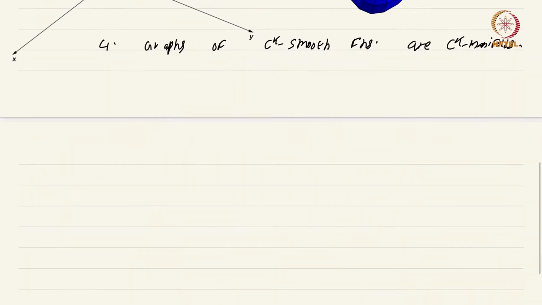Okay, now let's see some non-examples before we proceed any further. We want to see some situations where the object is not going to be a manifold. So let's say this is example number 5. The level set of the function xy at 0 is not a manifold.